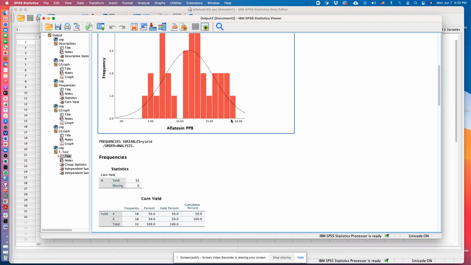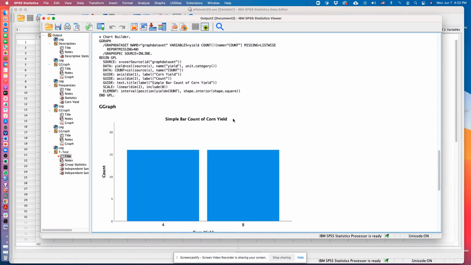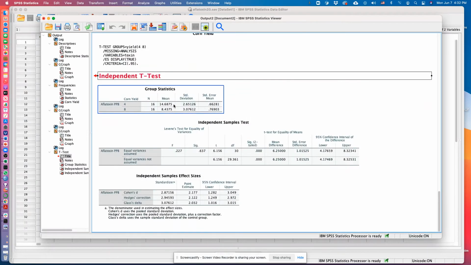But when we separated it out, we got two different average values. For the fours, the average is 14.68, and for the eights, it's 8.43. So clearly there's a difference. Now we want to know, is that difference statistically significant?